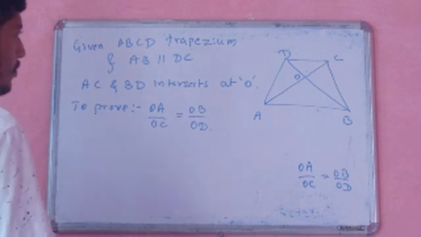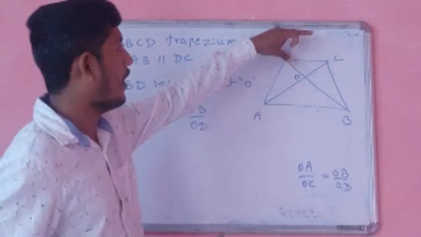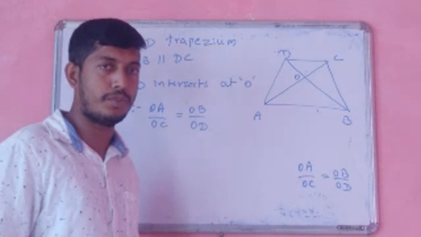Okay, next one. Now to prove this, what we have to do? OA divided by OC equals OB divided by OD. That means the ratios are equal.